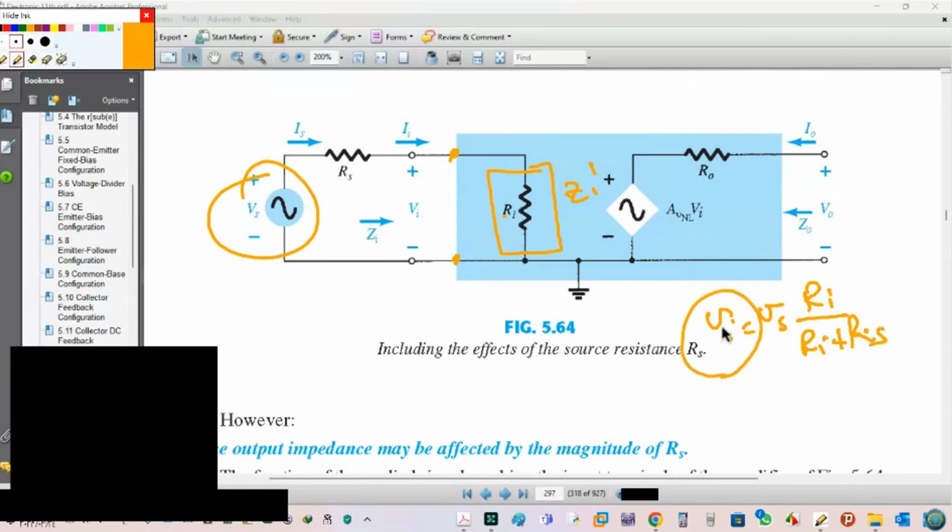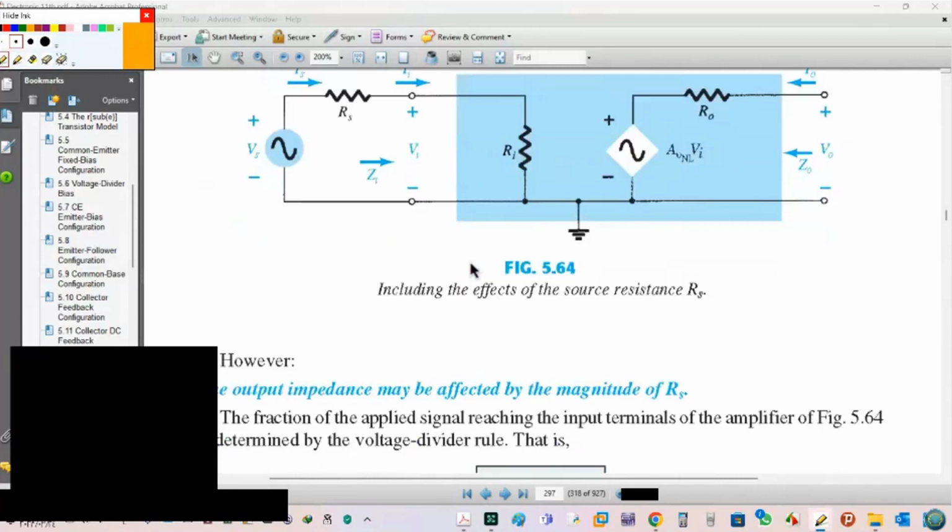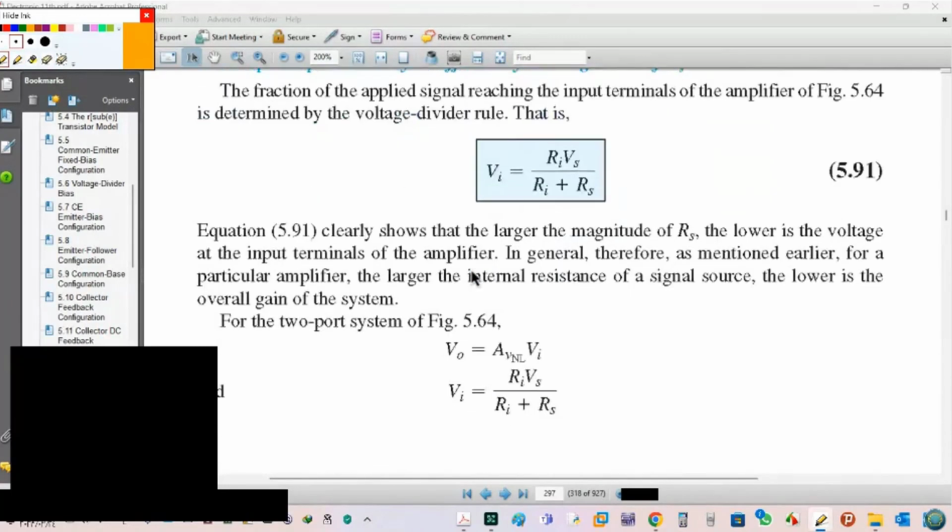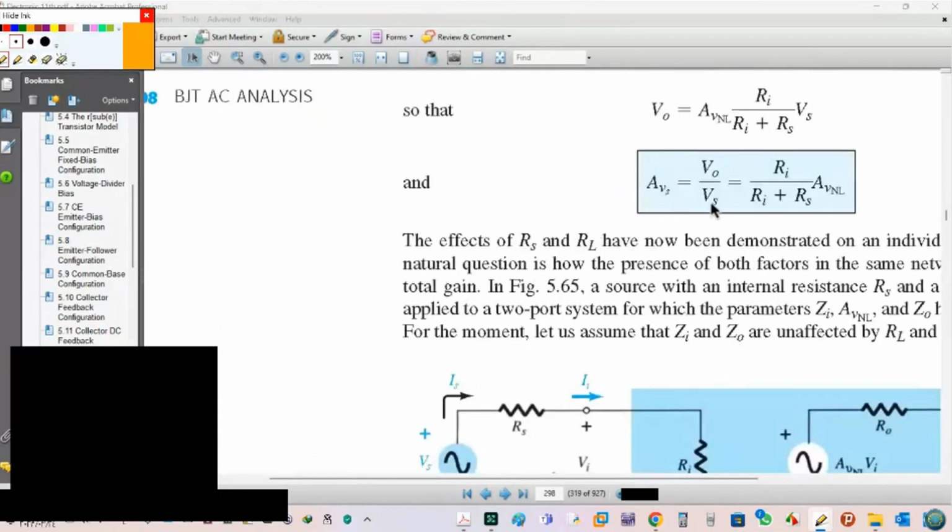This is VI. Continue. I will take VO, it's AV no load VI, then take VI as explained before. So here it is RI over RI plus RS times AV no load. This is AVS.